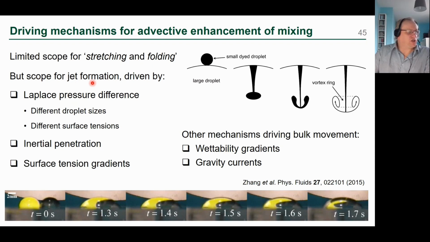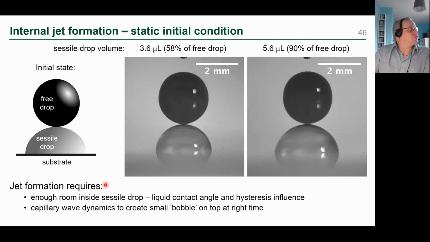However, there is scope for some jet formation, so we could have a scenario where a small dyed droplet impacts on a larger droplet and actually creates a vortex ring, and that can be driven by Laplace pressure differences, surface tension differences, and droplet sizes. So there are other mechanisms to be explored, and that's what Tom was doing.